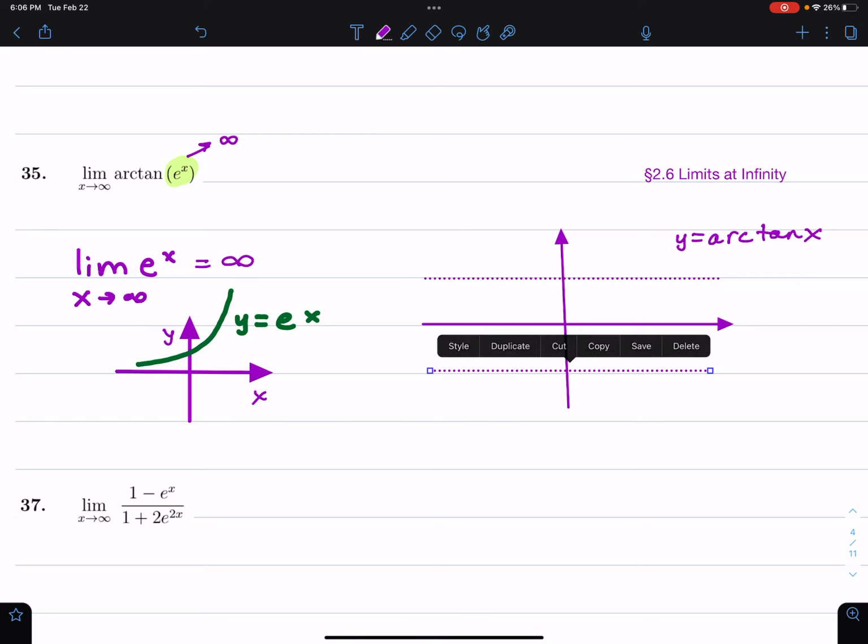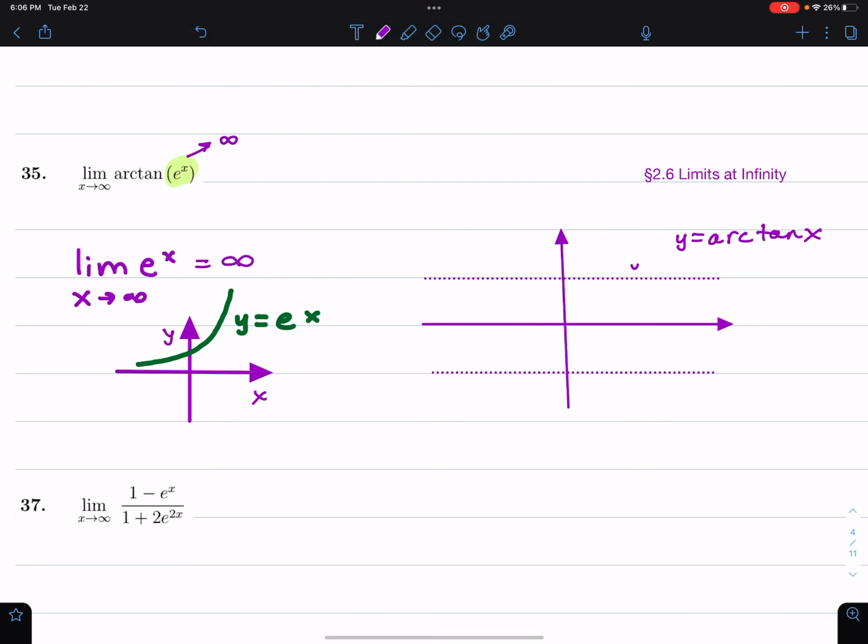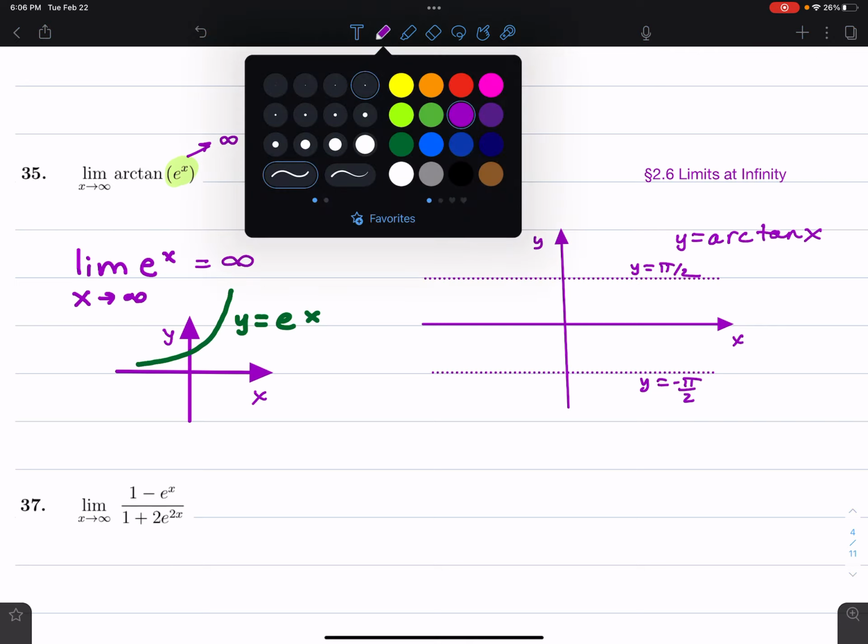The tangent graph has vertical asymptotes, x equals pi over 2 and x equals negative pi over 2. But the inverse flips x and y, and so we now have horizontal asymptotes for the arctangent graph. I think the arctangent graph's a good one to memorize.